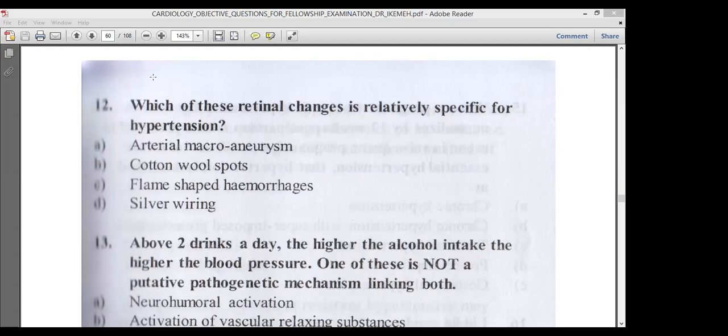Macroaneurysm, yes, I typed arterial macroaneurysm. So it's found in elderly female hypertensives, seen in 75% of them, and is a rare sign of systemic hypertension. So I think that's where the specific is coming from.